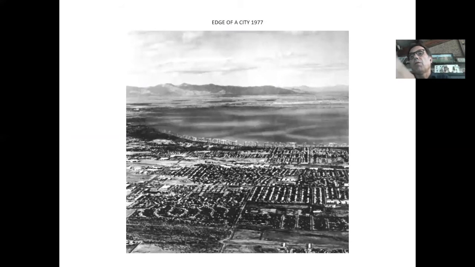Here we have another totally different example. This one is one of the projects done by Steven Holl in 1977, called Edge of a City. In this case, what you can see here are these beautiful bars that are finishing, completing, changing the scale of the city and connecting the city with the scale of the desert.